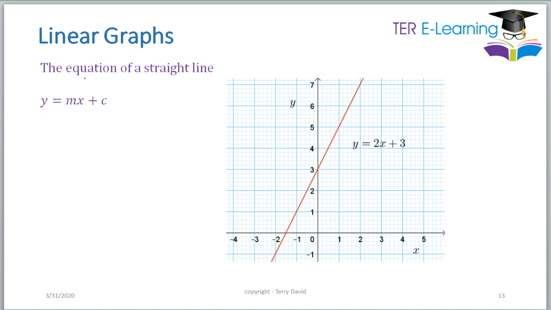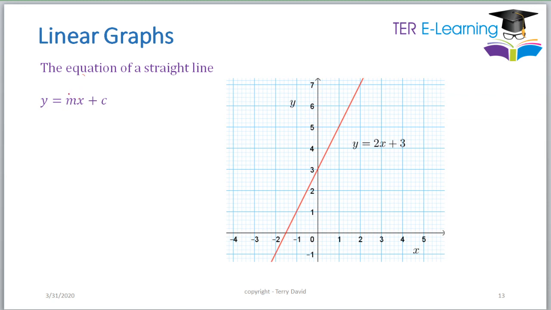Now, the equation of any straight line is of the form y is equal to mx plus c, right? So the equation of any straight line will be of the form y is equal to mx plus c. Now, here's what you need to know.